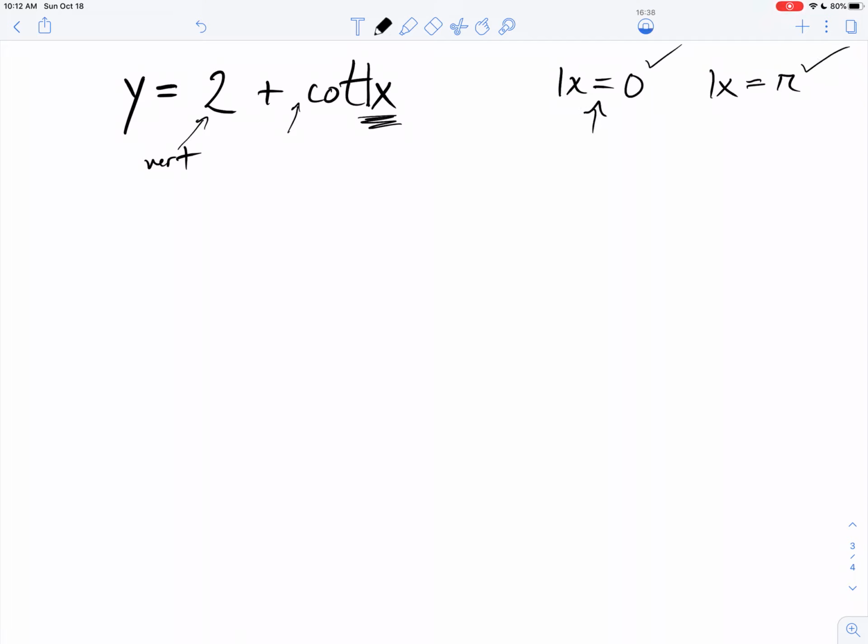This will produce 1x equals 0. That means your first asymptote for this guy is at 0. Then 1x equals pi, that means your second asymptote is at pi. So take the bigger number minus the smaller number, you get the period. So it's not actually that bad.